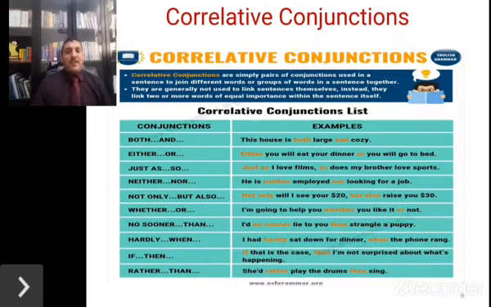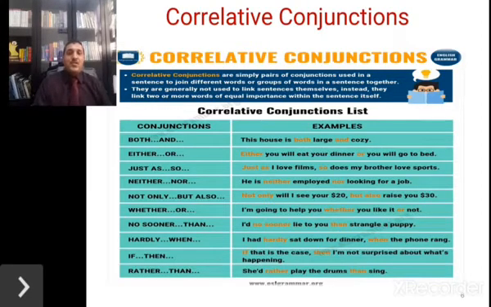Here, first, we have to know something about correlative conjunctions. They are simply pairs of conjunctions, 2 or 3 pairs, used in a sentence to join different words or groups of words together.